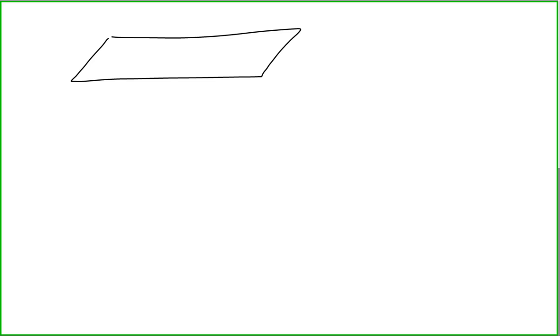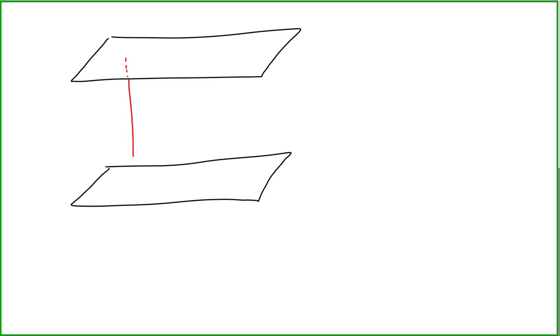Here's our upper plate. I'm going to exaggerate the separation distance. Here is the lower plate. And let's just do a couple electric field lines for illustration. Here's our electric field lines. We want to find the potential difference between these two plates.